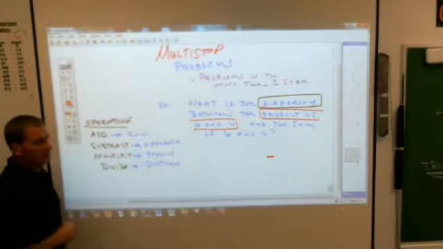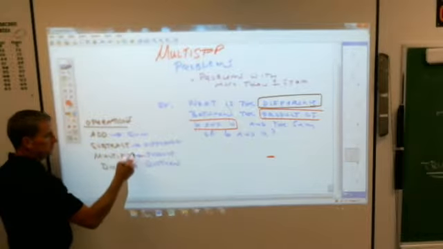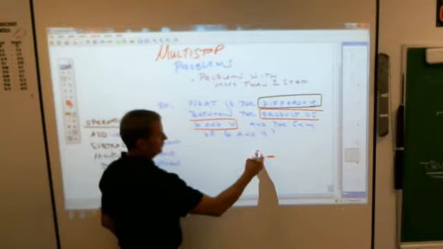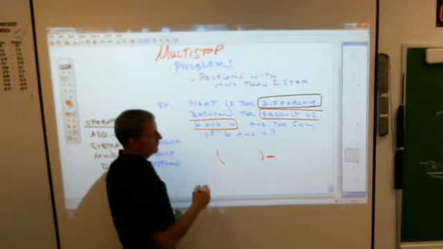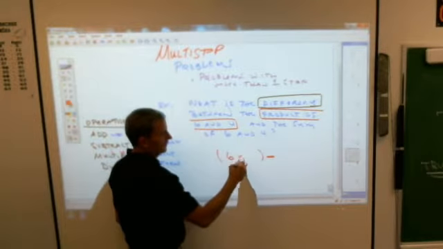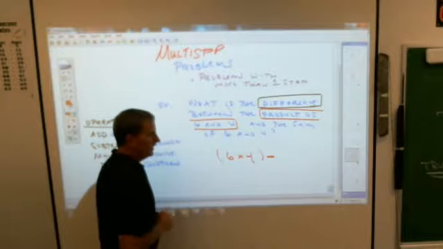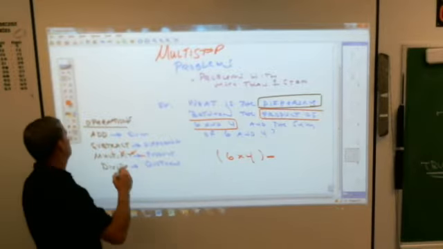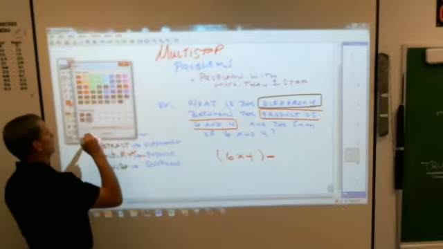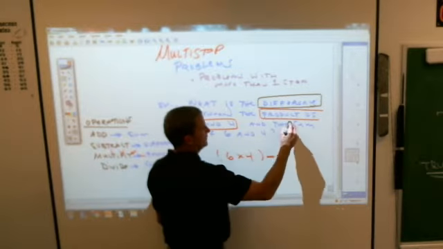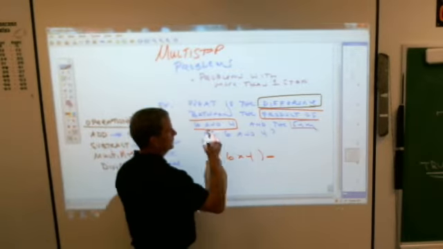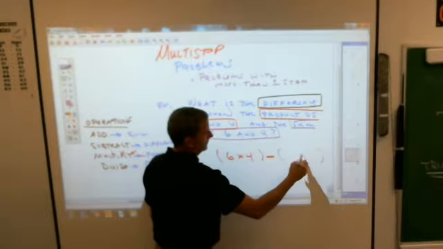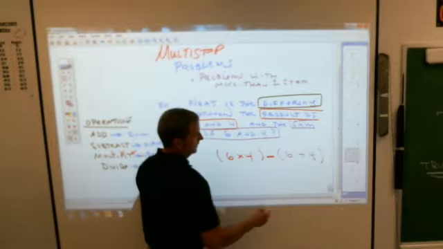Product means you are multiplying 6 and 4, and it's probably good to put that in parentheses to make sure we want that product done first. And I'm subtracting from that, let's change to a bizarro color, the sum of 6 and 4. And you know that sum means adding 6 and 4.